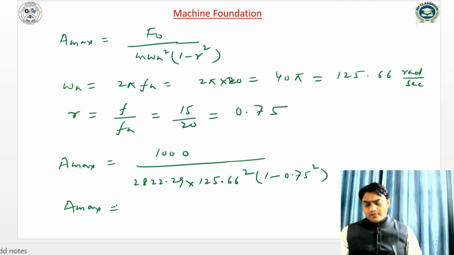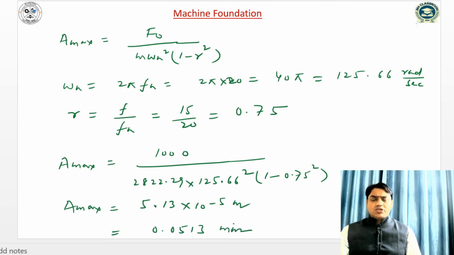So it will be 5.13 into 10 to the power minus 5 meter, which is 0.051 mm. So 0.0513 mm is the maximum amplitude.